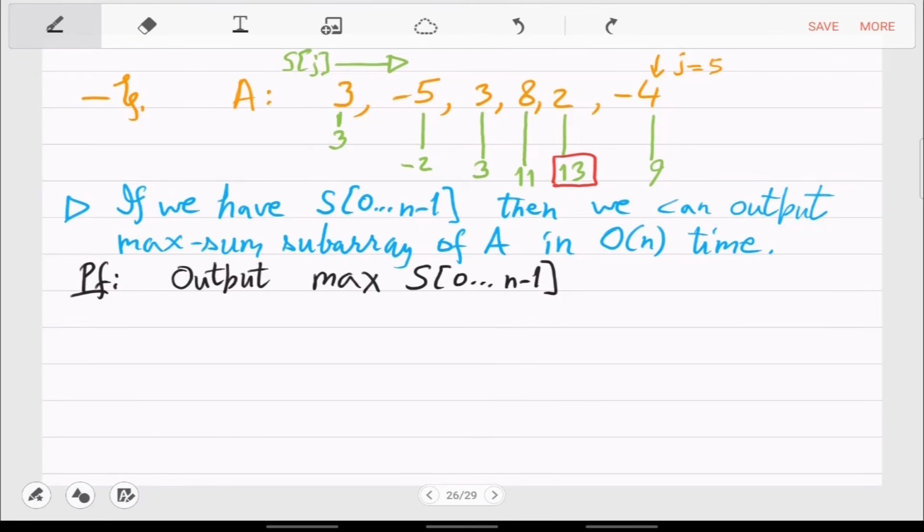Because this max is equal to the max sum subarray. And what is the reason for this? Why is the max of these green values the max sum subarray of A?